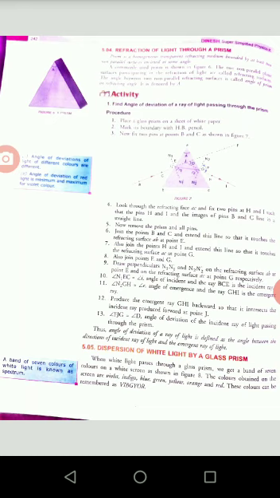Now there are some definitions regarding the prism. First of all, we know about the angle of prism. In the figure you have already observed angle A in figure number 6.